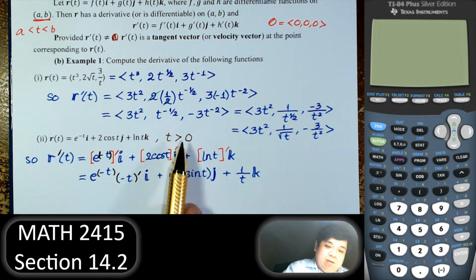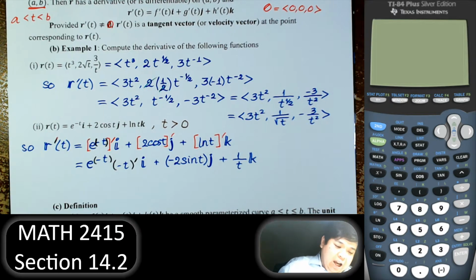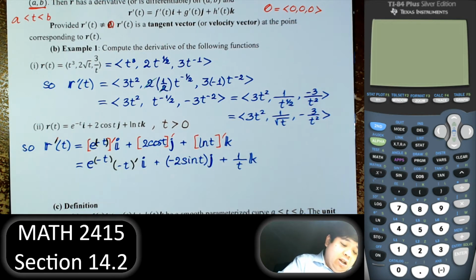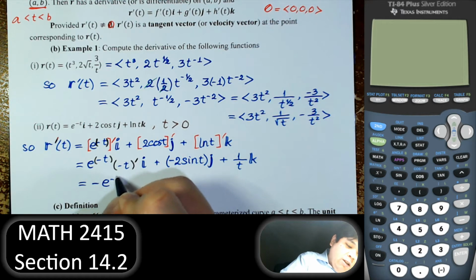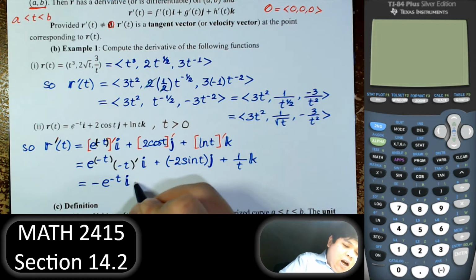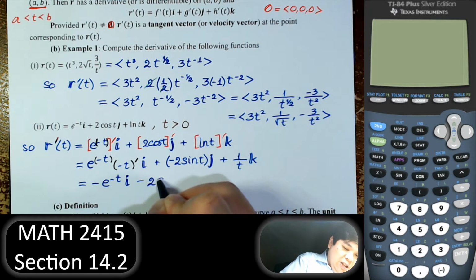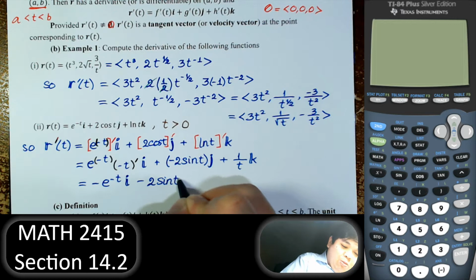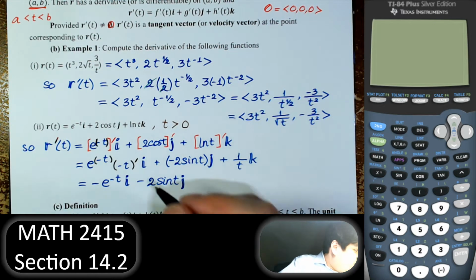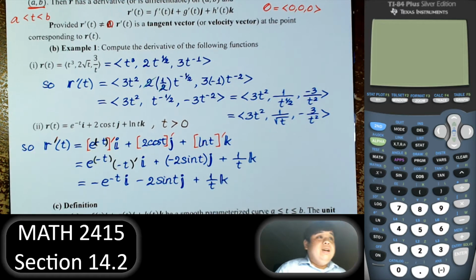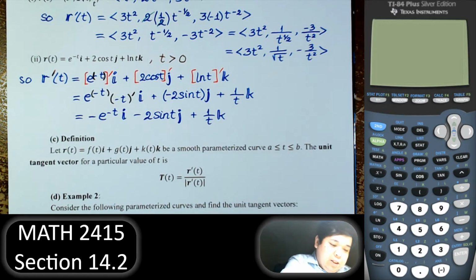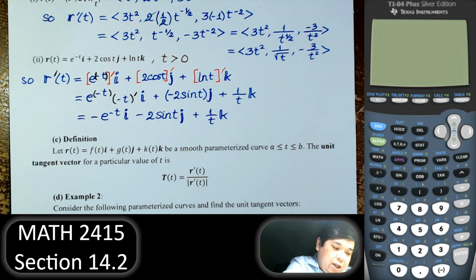So I have to have t greater than 0 for all of them to be defined. And then of course, the derivative of negative t is negative 1. Remember, there's still the derivative of the inside here. So that's just negative 1 times this. So we have negative e to the negative t. You don't have to write it like this, just as long as you can take the derivative. That's all we need for this part. Straightforward, right?